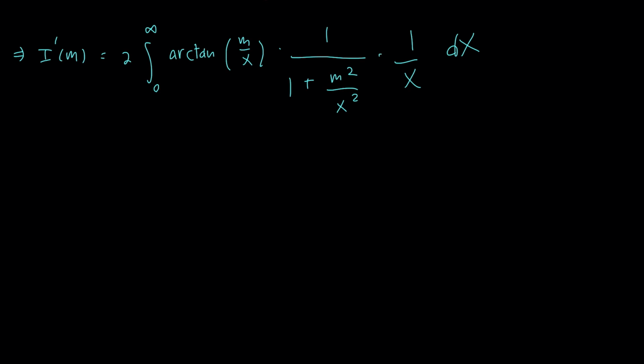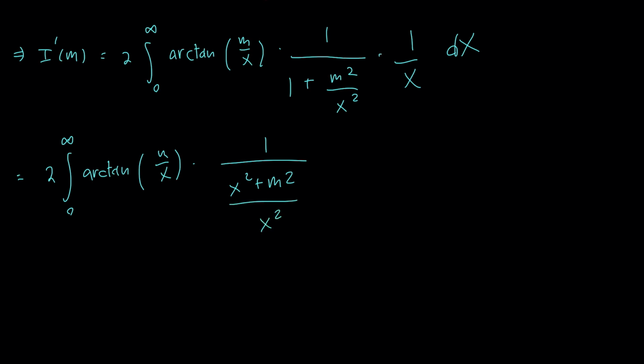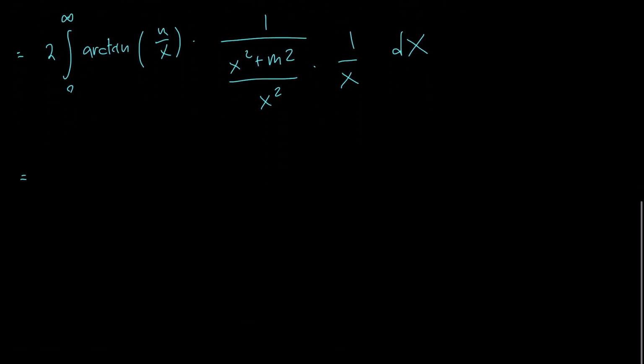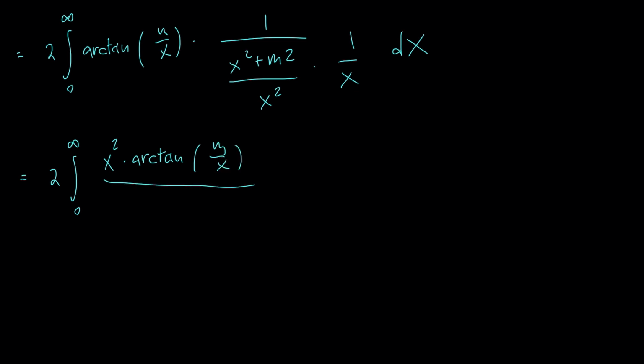And now I'll simplify some things. So we can rewrite this as twice the integral from 0 to infinity, the arctangent of m over x times 1 over x squared plus m squared divided by x squared times 1 over x dx, which can be written as twice the integral from 0 to infinity of x squared times the arctangent of m over x divided by x squared plus m squared times 1 over x dx.